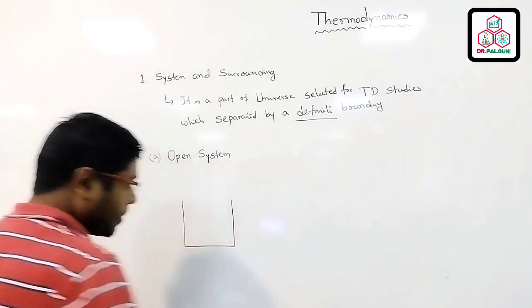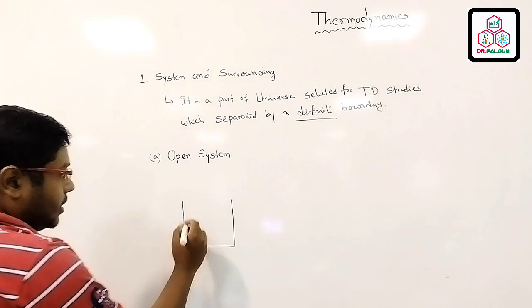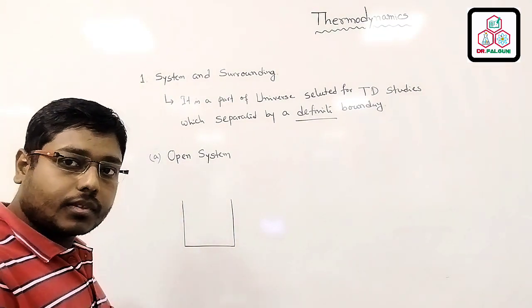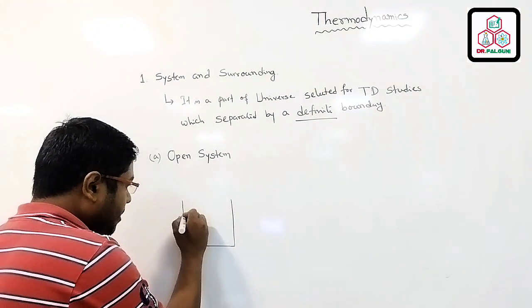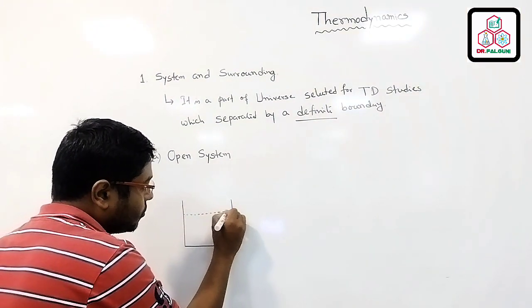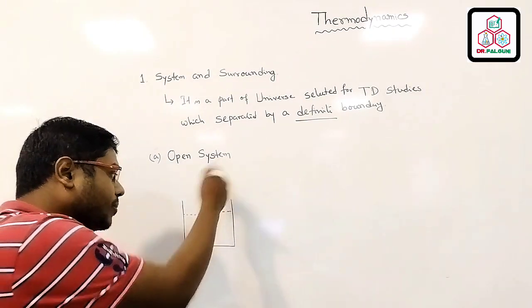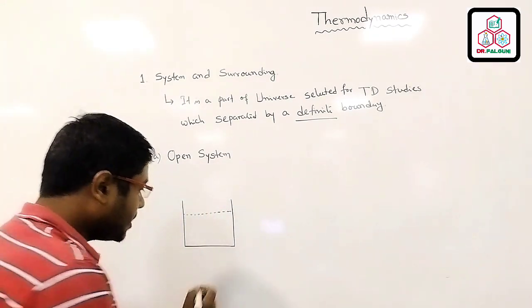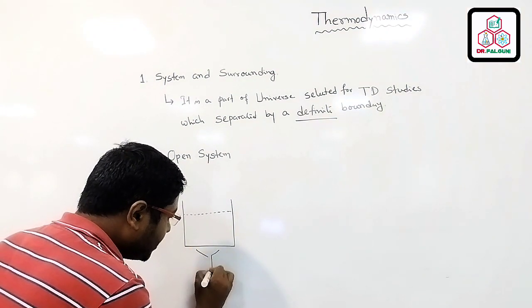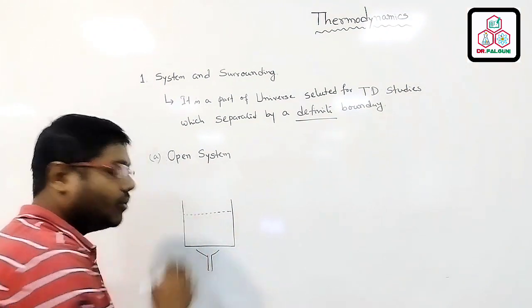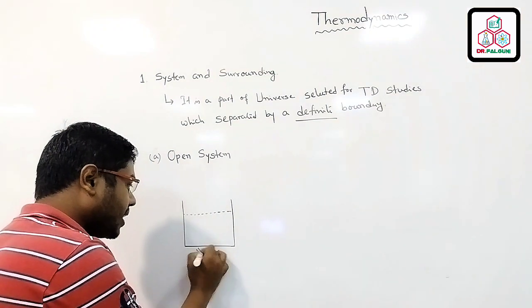For example, you put a beaker and fill it with water. You take a beaker, put water inside, and heat the water with a Bunsen burner.